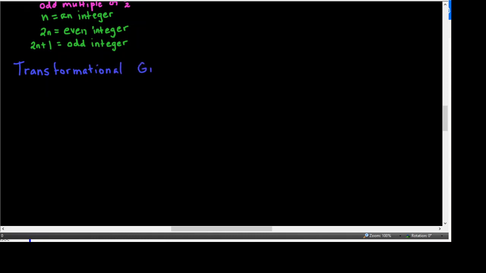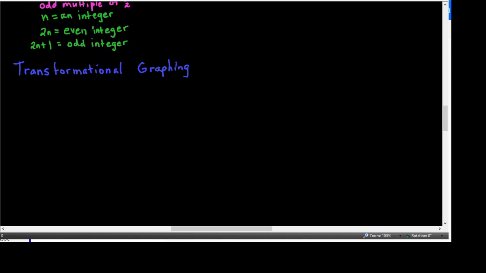The things that you're allowed to do with transformational graphing are: you can stretch or shrink a graph vertically or horizontally. You can reflect a graph, horizontally or vertically. You can shift a graph. That's called a translation. You can translate a graph horizontally or vertically.